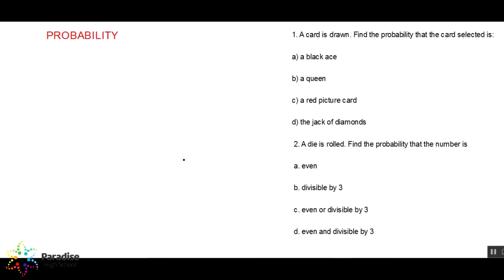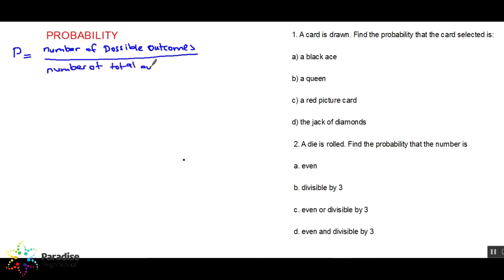All right, what is probability? Probability is equal to number of possible outcomes divided by number of total outcomes of any events.